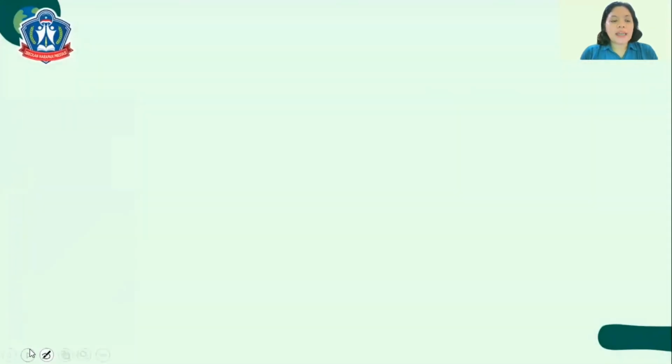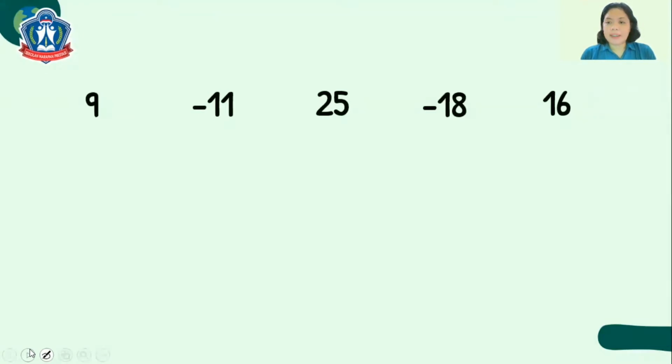Now, to understand more about negative and positive numbers, I have here some numbers. I have 9, -11, 25, -18, and 16. So which of these 5 numbers are greater than 0? Yes, we have 9, 25, and 16. Why are these numbers greater than 0?